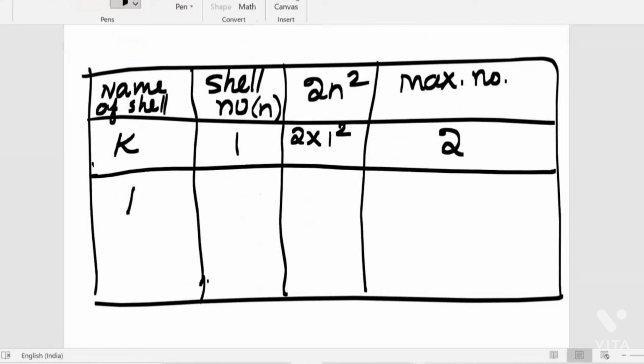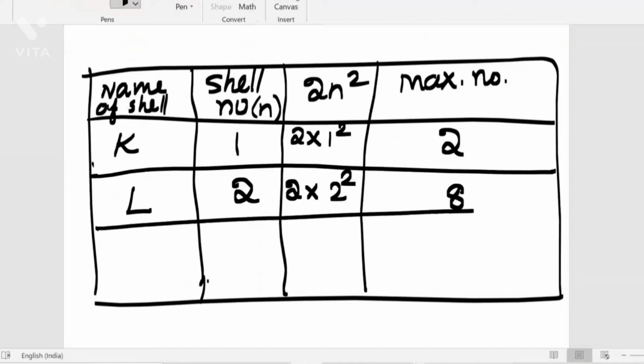The answer is 2. The second is the L shell. The shell number is 2. The formula is 2n square, 2 into 2 square, that means 2 into 4. That makes 8.